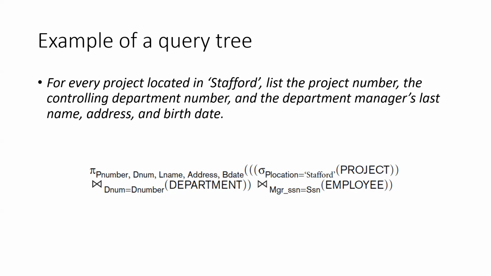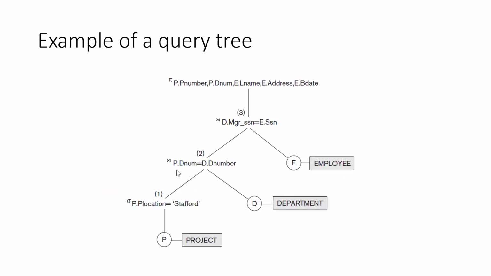In this particular case, we have asked for every project located in Stafford to list the project number, controlling department number, and the department manager's last name, address, and birthday. If you go through the query carefully, you should notice that we have to join three relations, which means we have to join project, department, and employee. So in that case, we know we have to have two join conditions and one selection condition to answer this query, right? So that's the first thing.